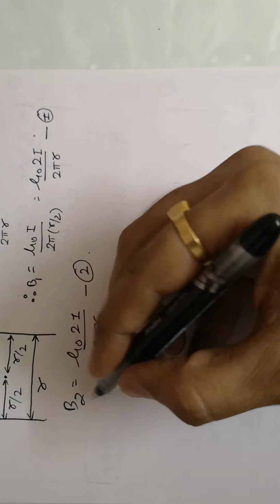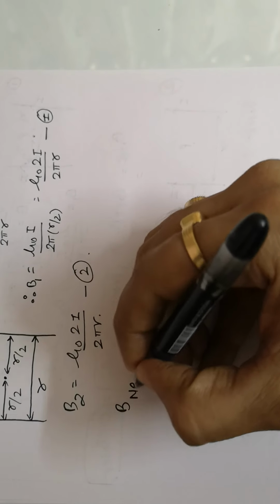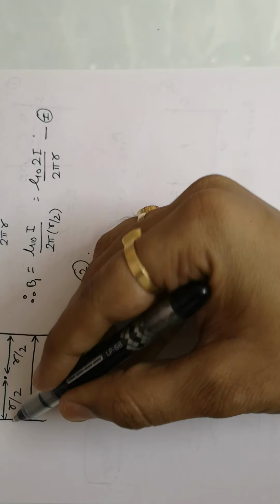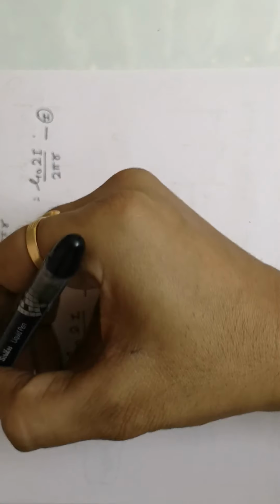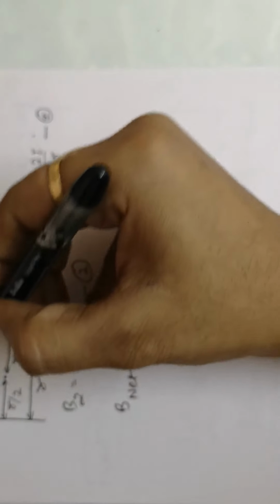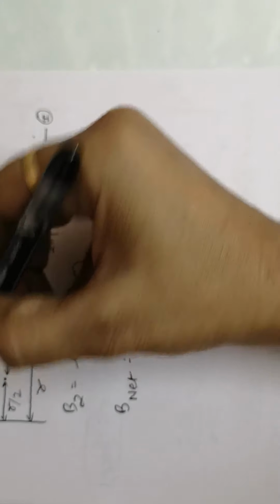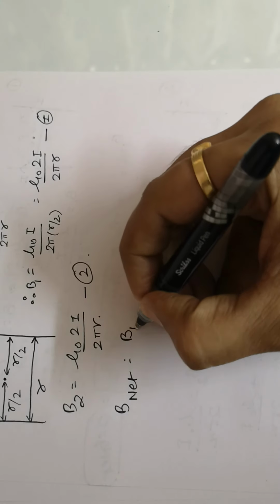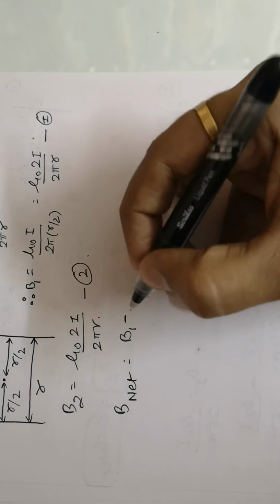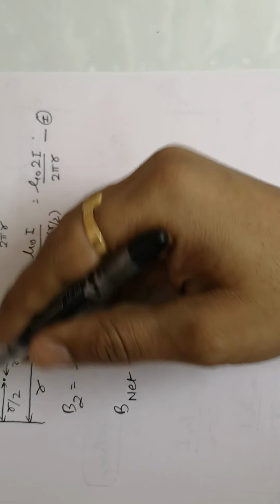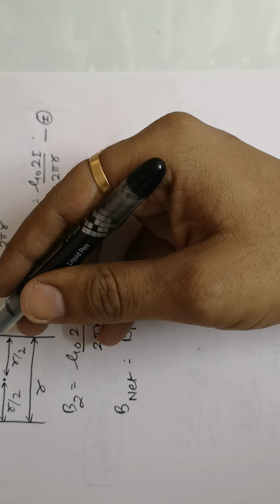But what I want to find is B of net. B1 is going on the right hand side, while B2 is in the opposite direction. So I can put a minus sign for the negative direction, because the magnetic field is on the leftward side.